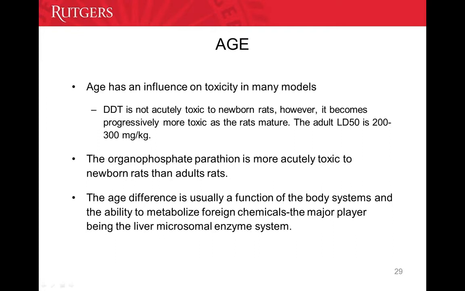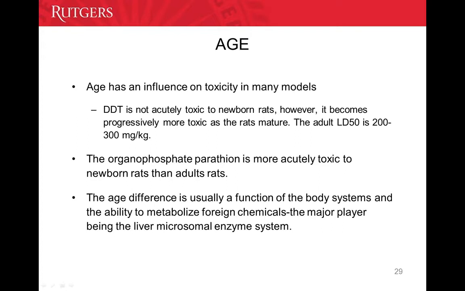So what's happened is the organ system in the rat that would be a target organ for the toxicity is not developed, so toxicity doesn't occur. As the rat ages, of course, the toxicity becomes more of a problem because now those organ systems are in place and that can happen.